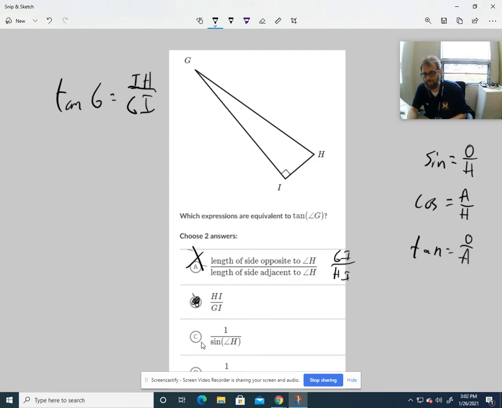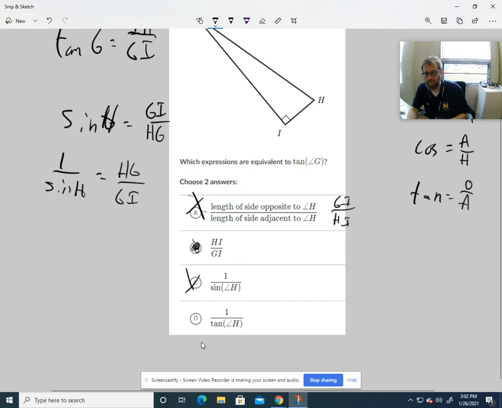So that one's not it. 1 over the sine of H. The sine of H would be GI, opposite leg, over hypotenuse HG. And then 1 over means reciprocal. So 1 over the sine of H would be HG over GI. That doesn't equal what I'm looking for. That one's out.